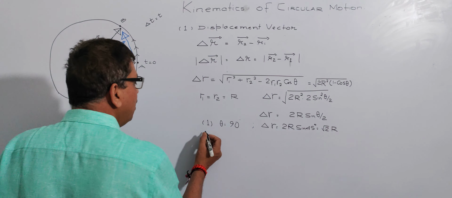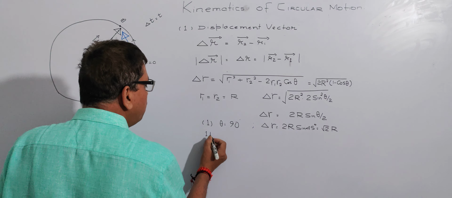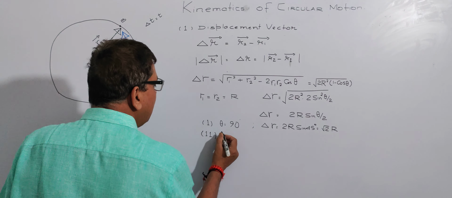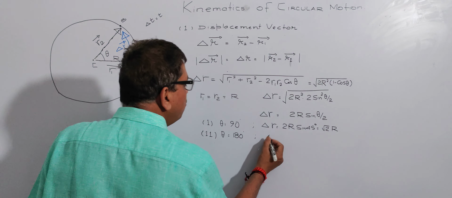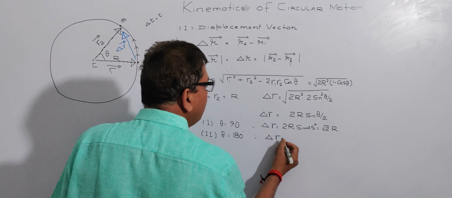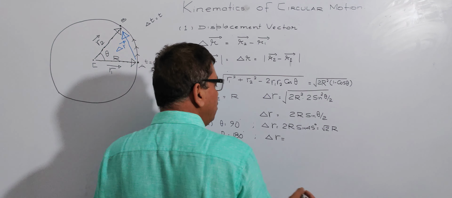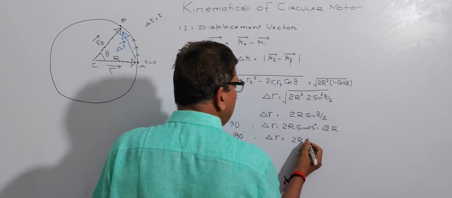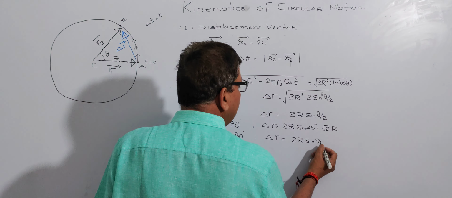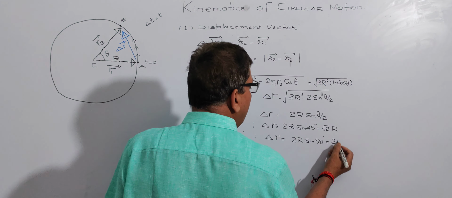of the displacement vector. I can also find out in the second position, let us take theta is 180 degrees. In that situation, the magnitude of the displacement vector is 2r sine 90 degrees, and this can be written as 2r.